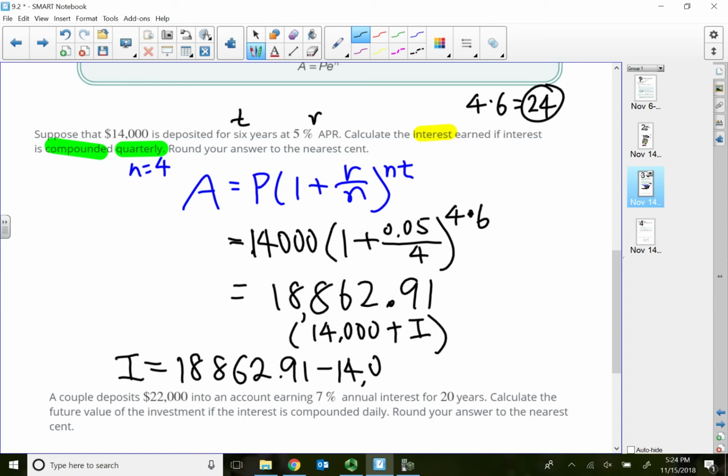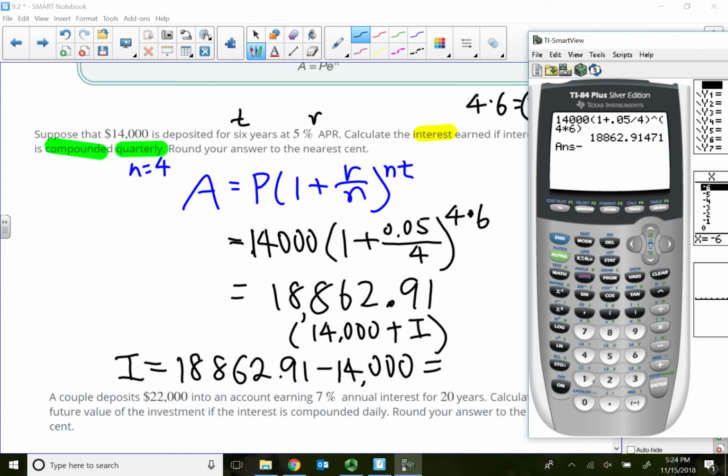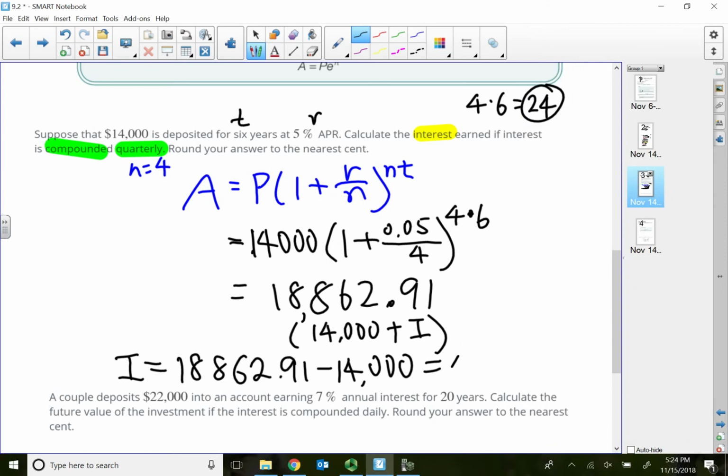So how much interest did this account just make me? 6 years later, I just made $4,862.91. That's what that means.